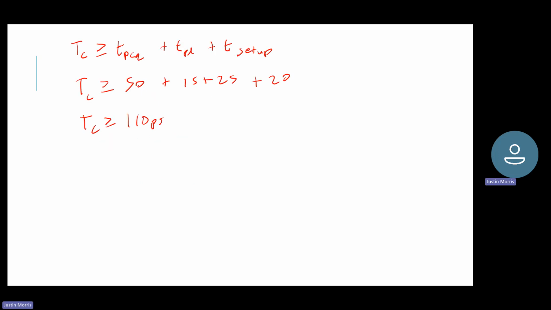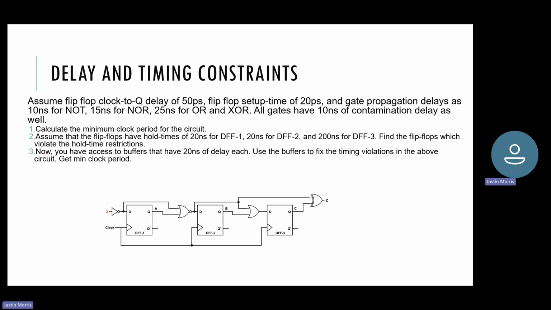Second flip-flop: we have two paths from X, from X to here, and then from here to here. All gates have 10 nanoseconds of contamination delay, so 10 plus 10 is 20 for this path.